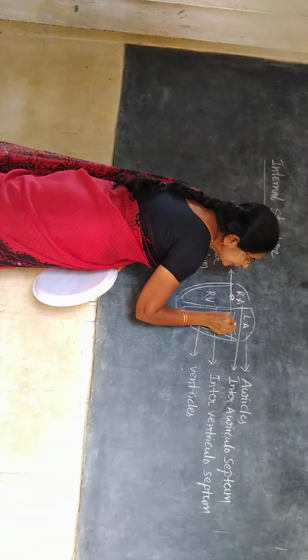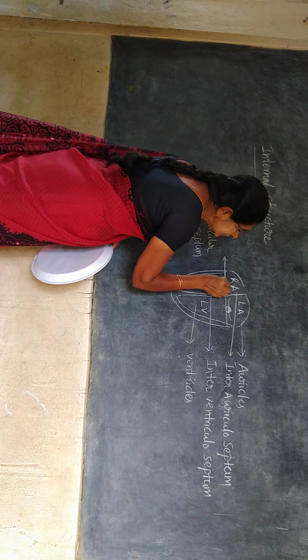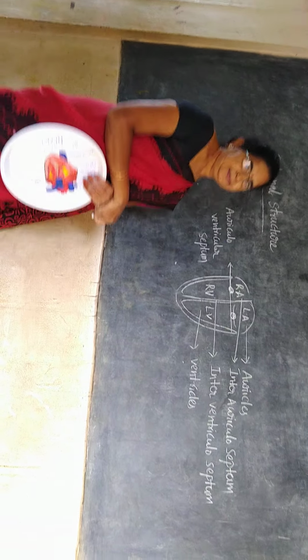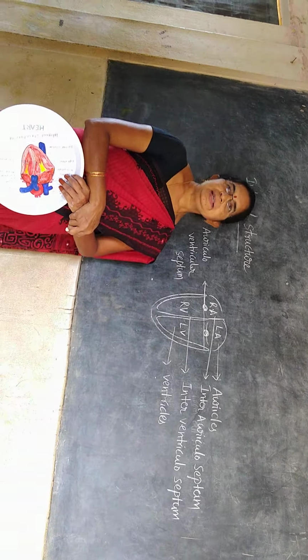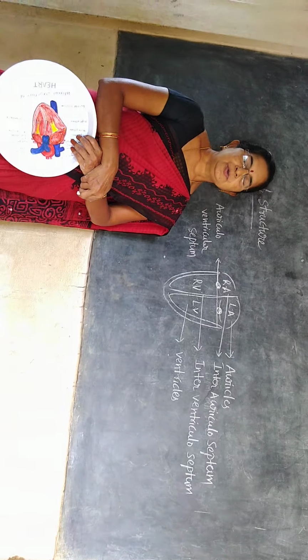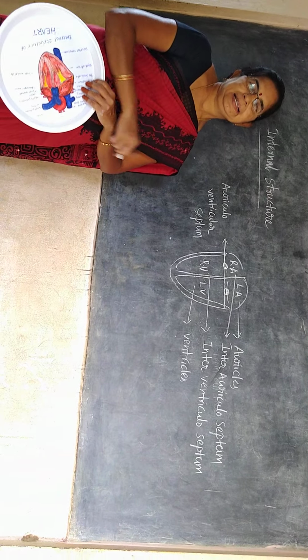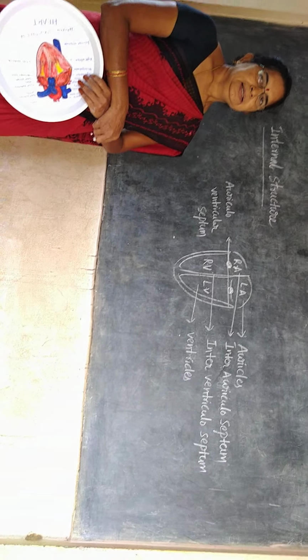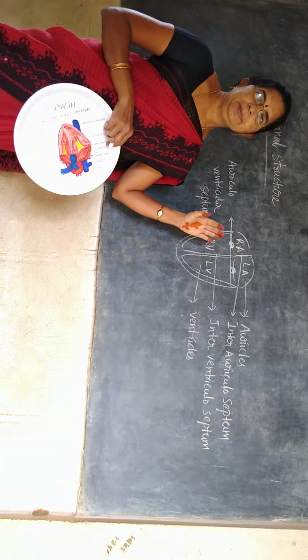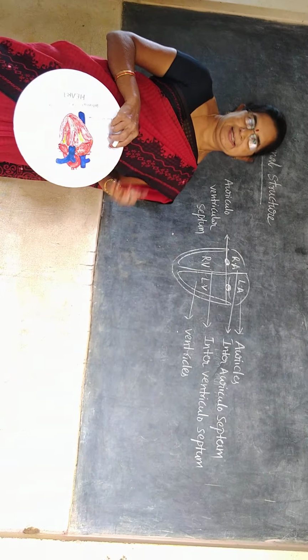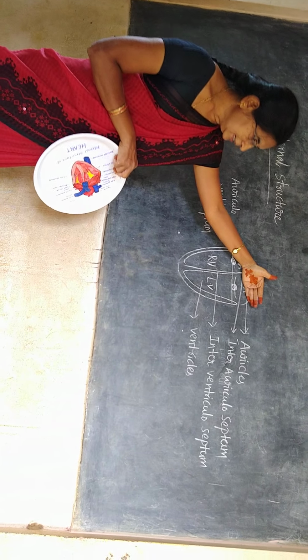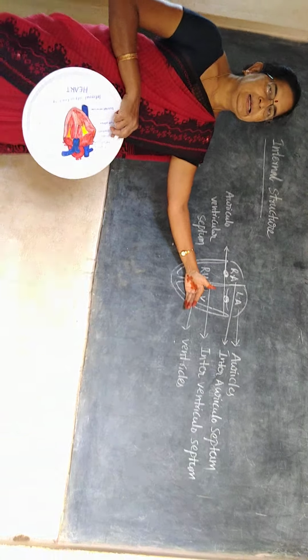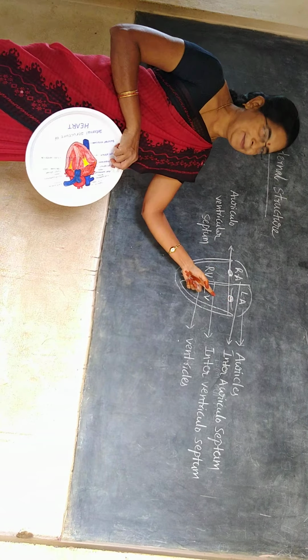These two apertures are guarded with valves. These valves always allow the blood to flow in a single direction only. They do not allow the blood in the opposite direction. So from the left auricle to the left ventricle, blood flows through this aperture.